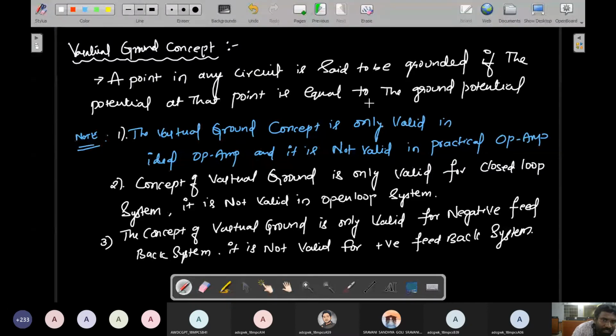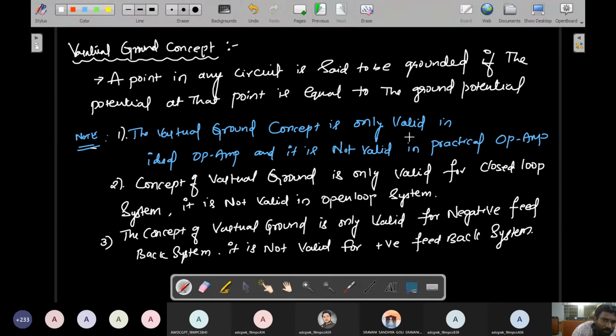That zero potential is the ground potential. So before studying the virtual ground concept, you can also call it a virtual short connection. Just remember three very important points.